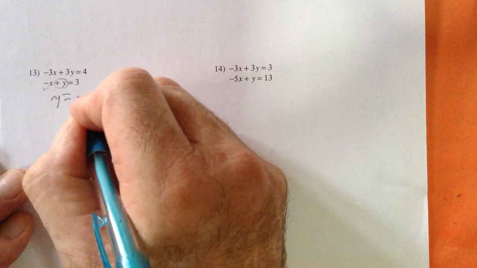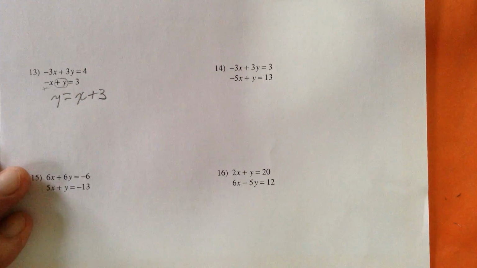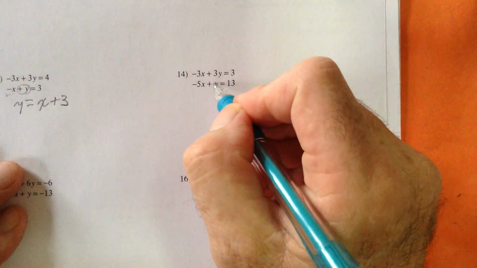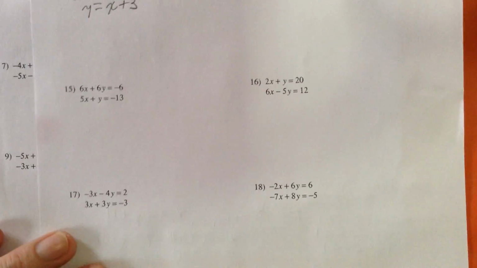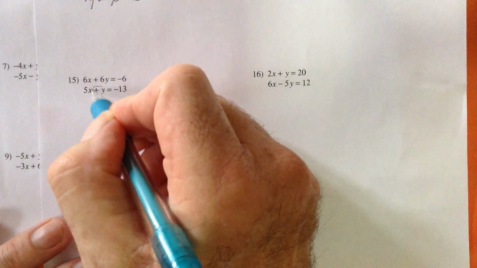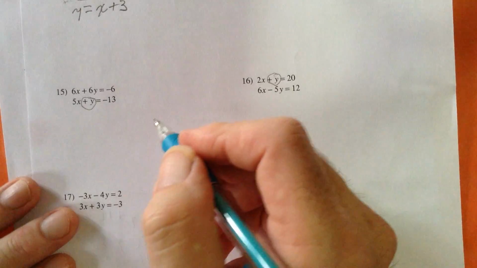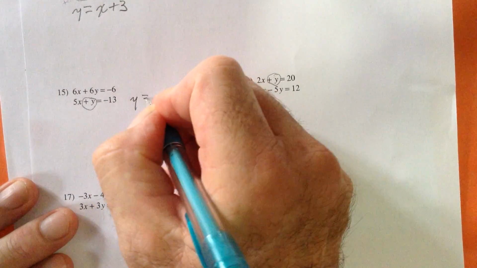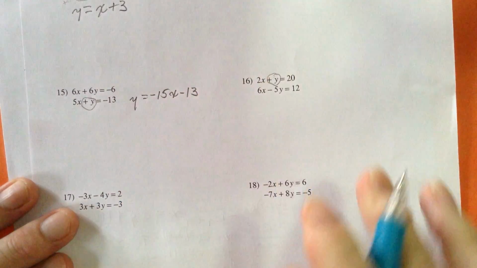Positive x, to get rid of it, x plus 3. I like positives. This one here, I would isolate this positive y. 15, 16, positive y, positive y. So this will become y equals negative 15x minus 13.